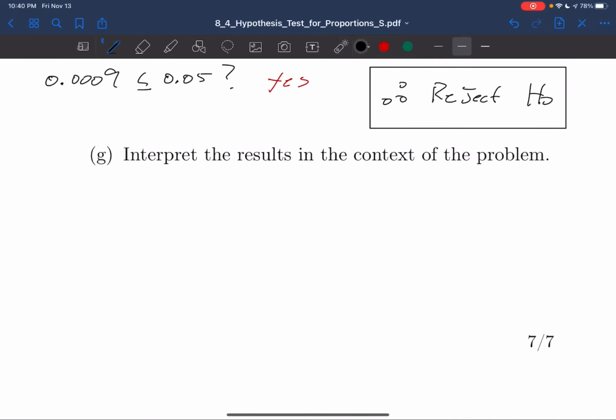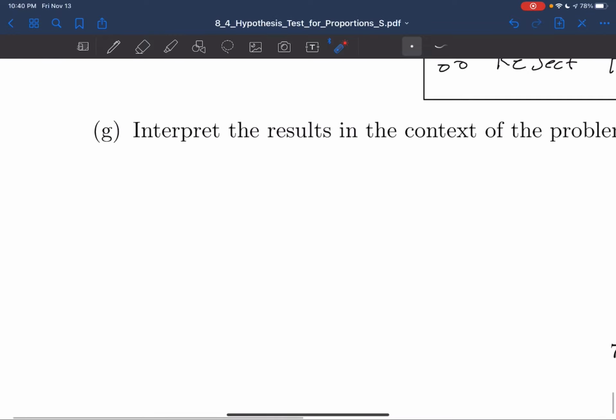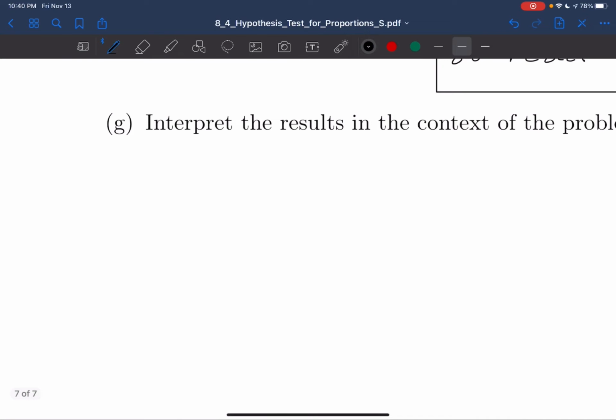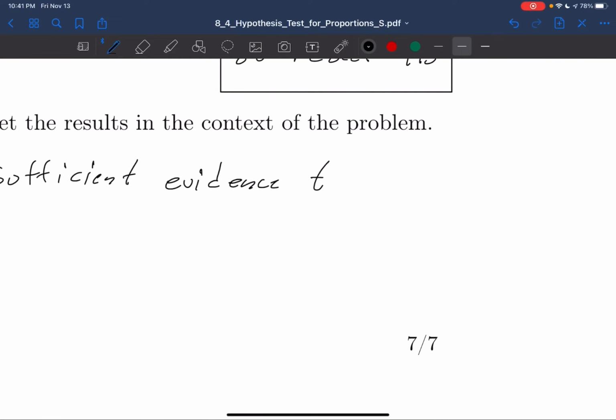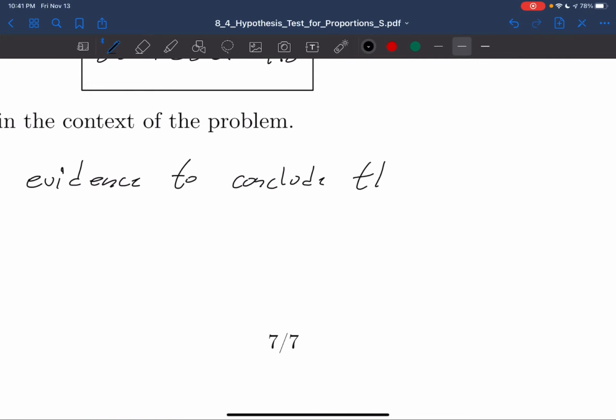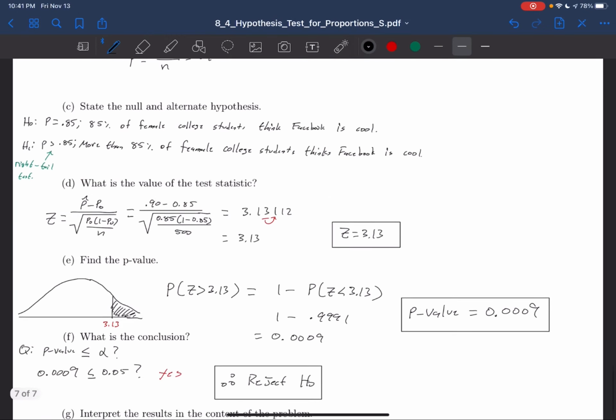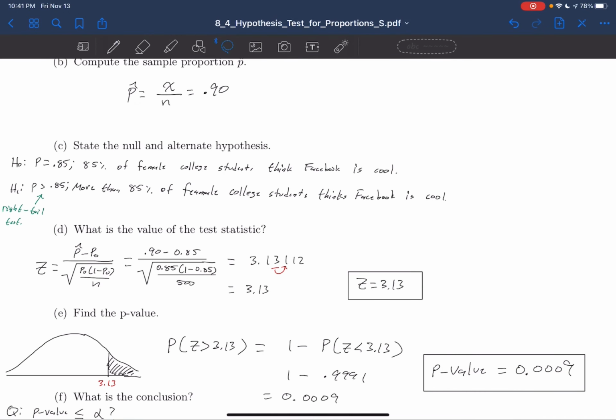So here, since we're rejecting our null hypothesis, we could say something like, we have sufficient evidence to conclude that, and we could go up here and grab our alternative hypothesis statement.